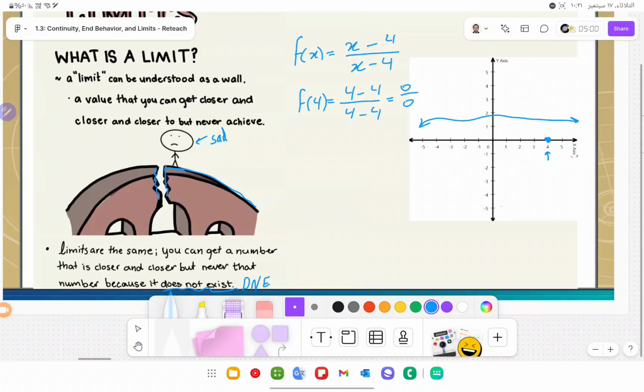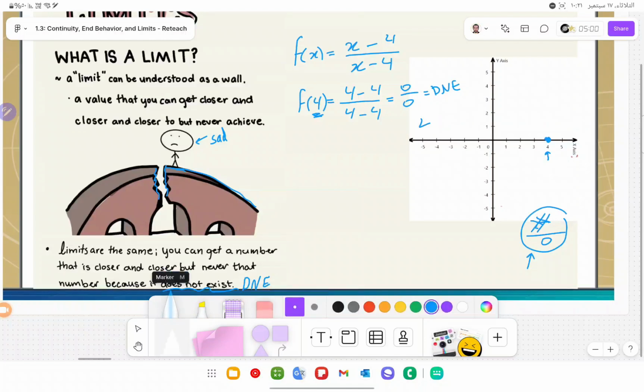And we know the rule in math: we can't have any number over 0, because we can't divide by 0. So when I have 0 over 0, that means it does not exist. So when x equals 4, the value here does not exist.